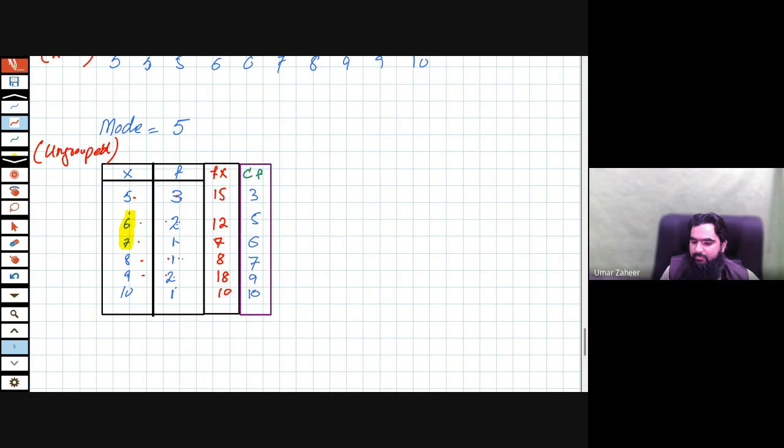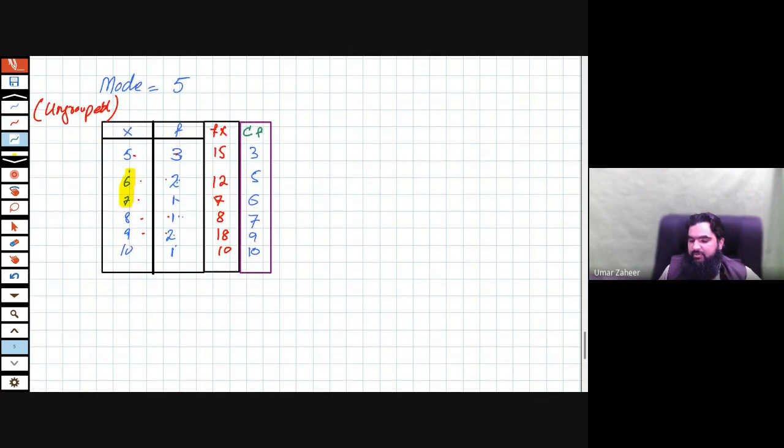So you have to look for where you have a maximum frequency. So look here, this value has a maximum frequency. This means that if you have ungrouped data, you have to look for which number has the highest frequency. So that is our mode.